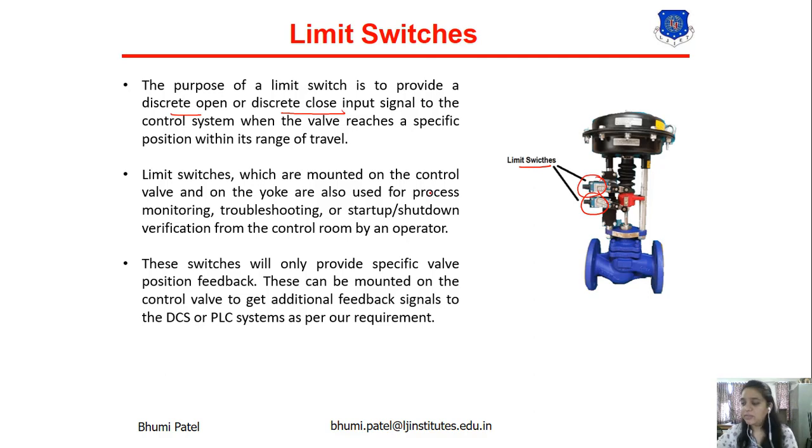If we control the control valve using PLC programming or using DCS or SCADA, we require an additional feedback signal for controlling the control valve to get the desired output. At that time we can mount or connect the limit switch in the specific valve operation. So this is the limit switch in the control valve.